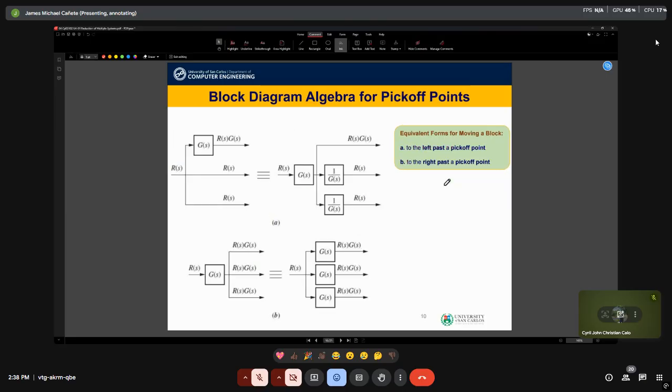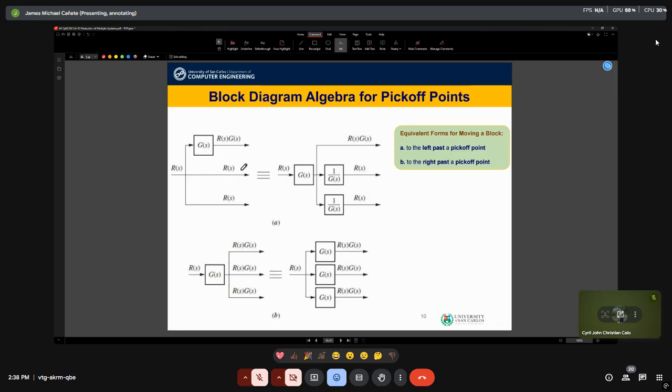The algebra for pick-off points is relatively the same. The logic is the same. When you have a block in one of the branches of the pick-off point and you want to move it to the left, you take the same block and move it to the trunk before the pick-off point, and you take the inverse of the block and move it to the other branches.